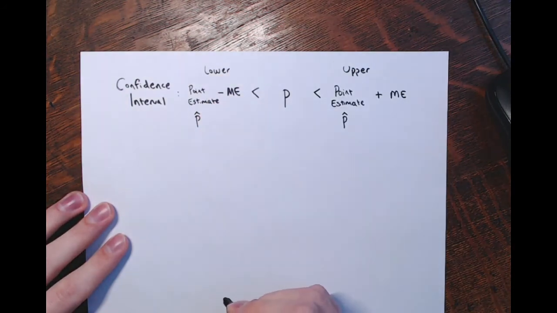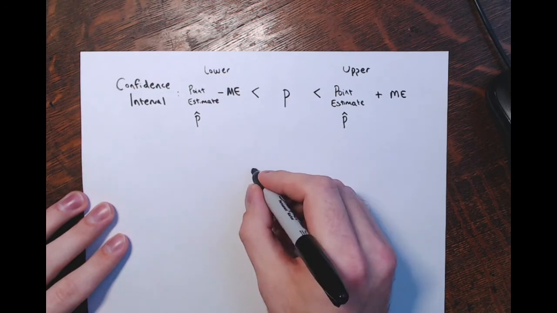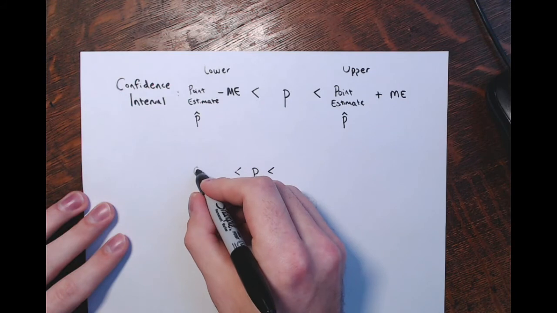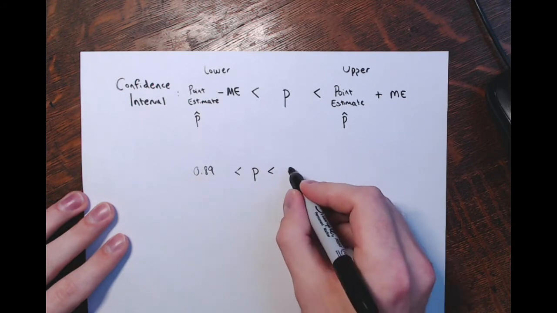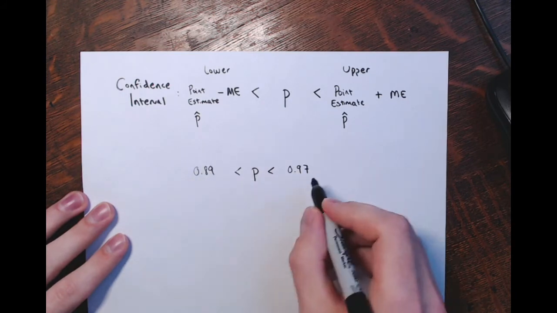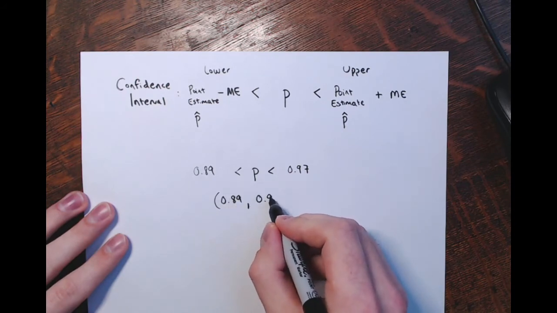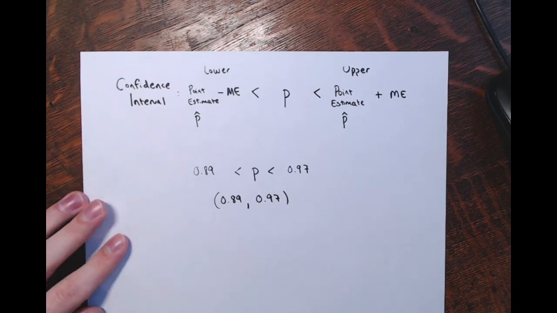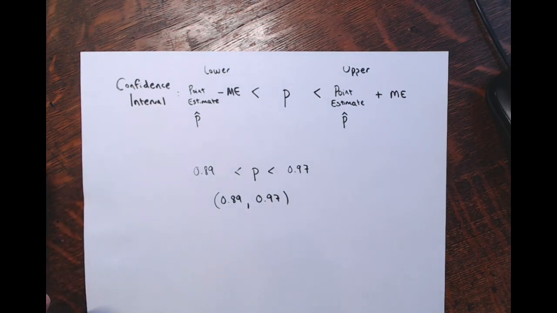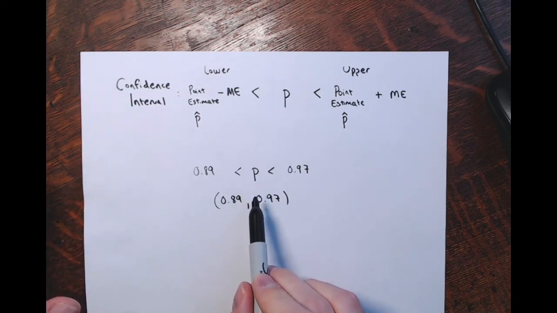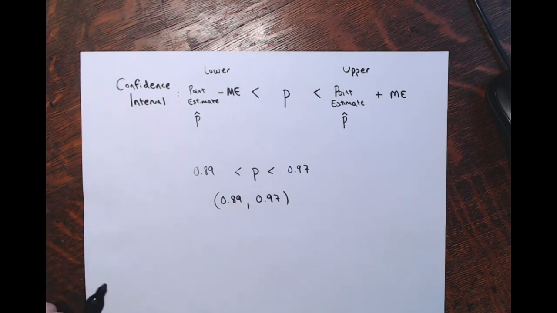So we're given this interval, 0.89 and 0.97 as the lower and upper bounds. They gave it to us with parentheses, but it still means the same thing: they're reasonably confident that the percentage of all accountants that double check their work is between 89 and 97%.